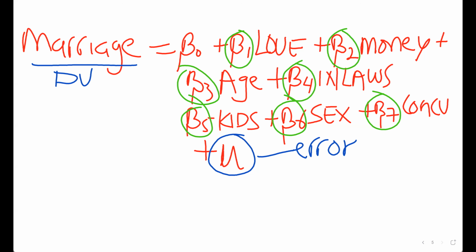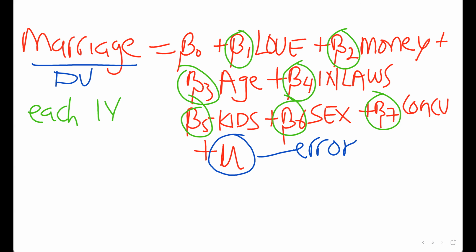The betas, and you want to write this down, the beta parameters tell you by how much each independent variable influences the dependent variable.